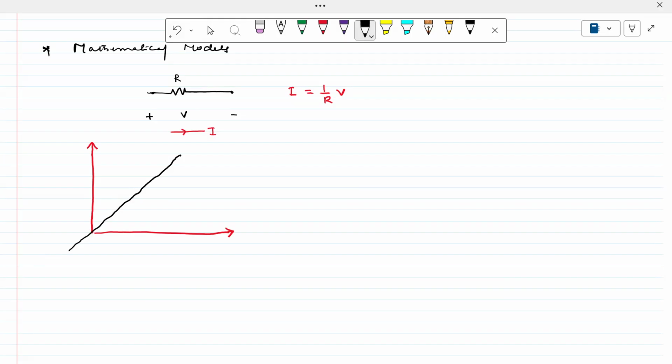For a particular resistance value, what is the slope of this line? Can someone tell me?